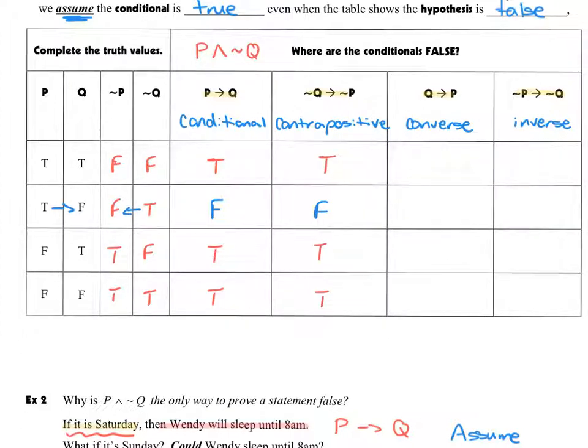Now, what might be a little bit helpful for you to do is a little bit of color coding here. So on our P then Q column, we got this false here. This one came from this analysis right here.